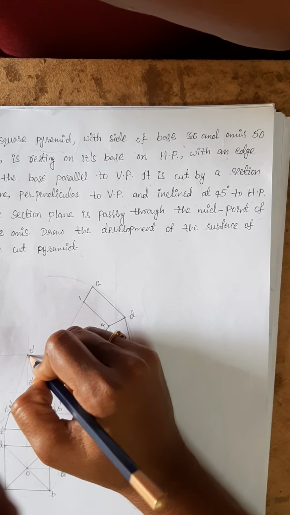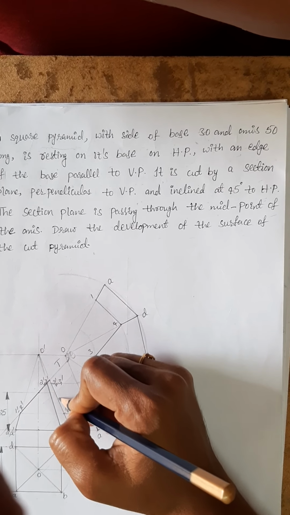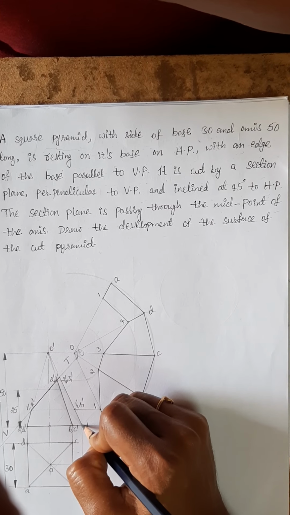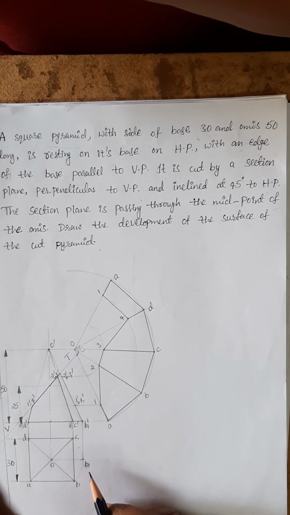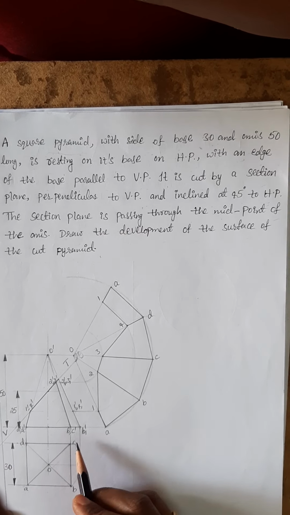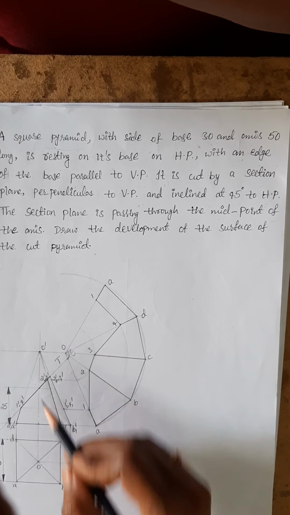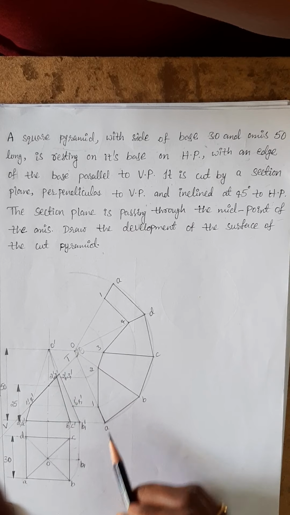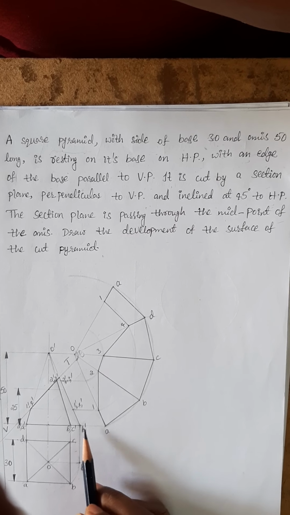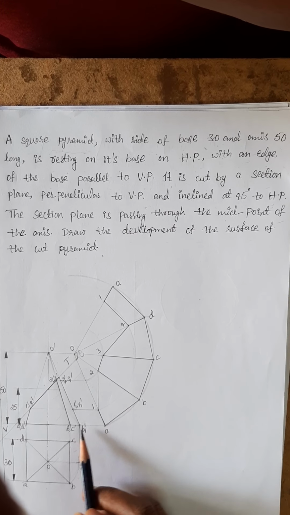Join B1 prime and O1 prime. This is the true slant side of this pyramid, right? In the case of every pyramid, in the base position we draw this true slant height. Okay, then draw the development, right?